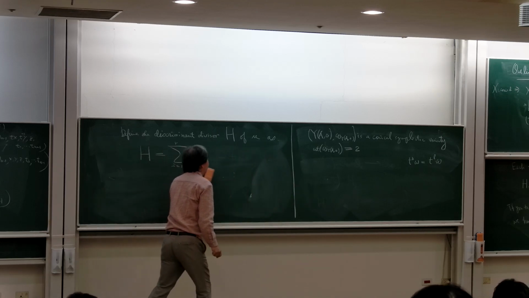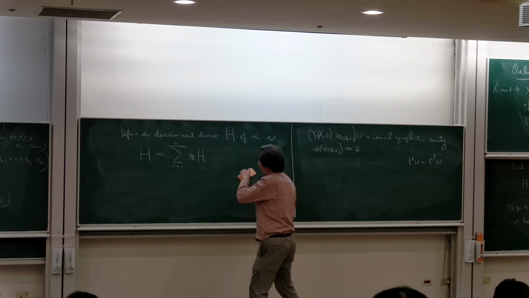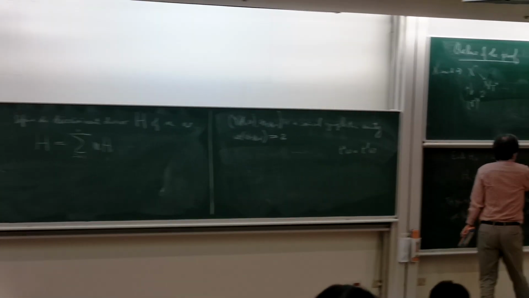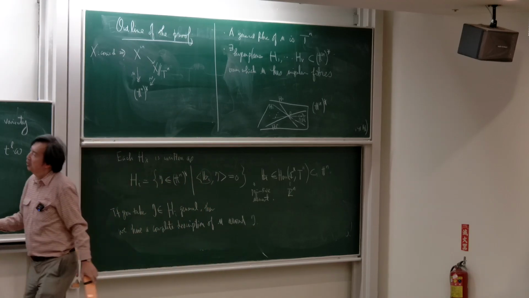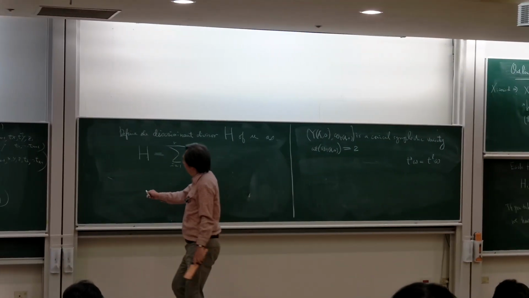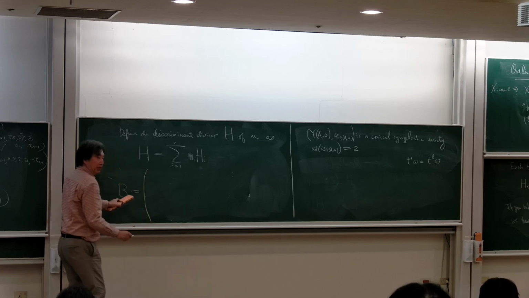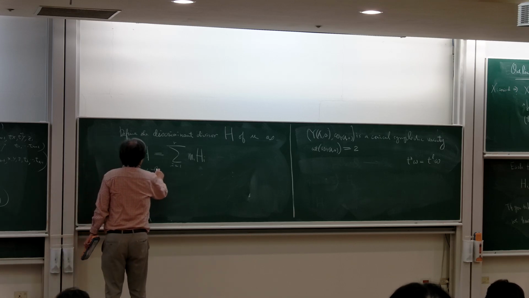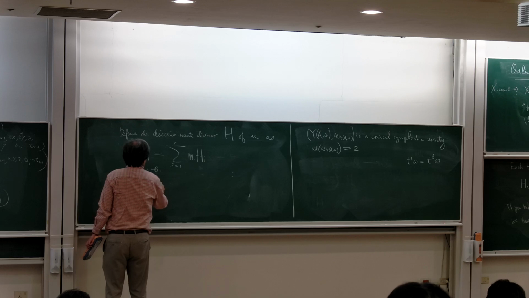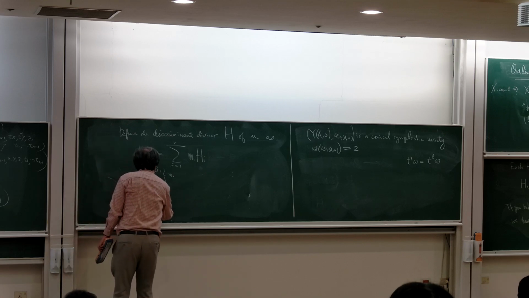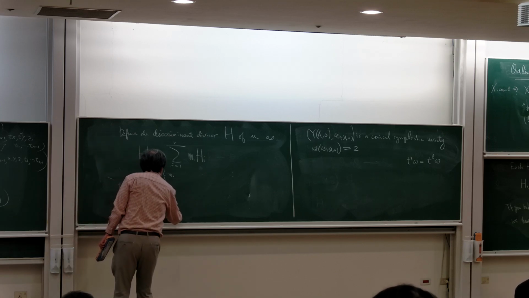Okay. Now we have primitive vectors, and now consider the following matrix. Define B to be B1, ..., B1, where B1 appears m1 times, ..., and BR appears mR times.